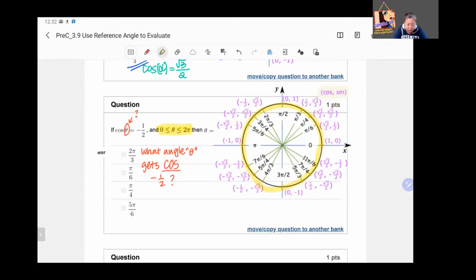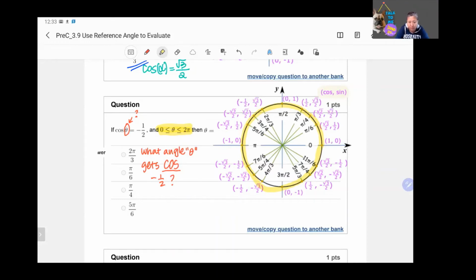But you technically can go again and again, so it's going to be 4 pi, 6 pi, 8 pi. Or if you go clockwise, it could pass 0 and then it becomes -2 pi, -4 pi, -6 pi as well. But since the theta that we are finding currently is only between 0 to 2 pi, from 0 it's counterclockwise all the way making a full circular motion and we stop.